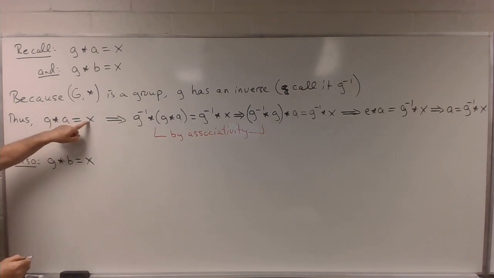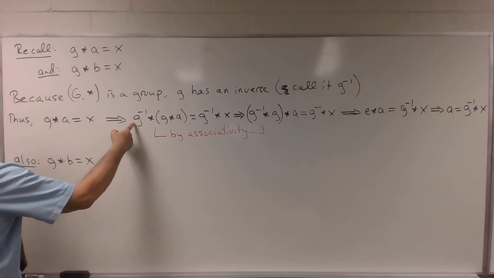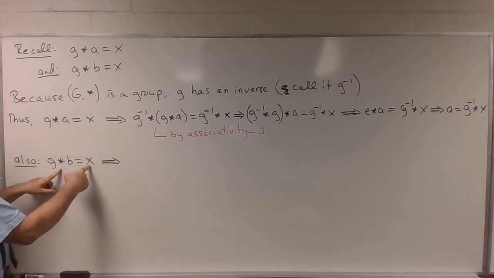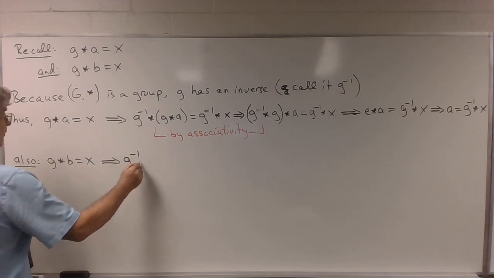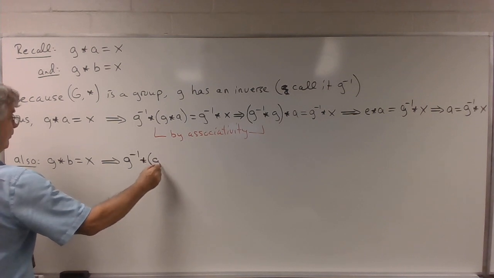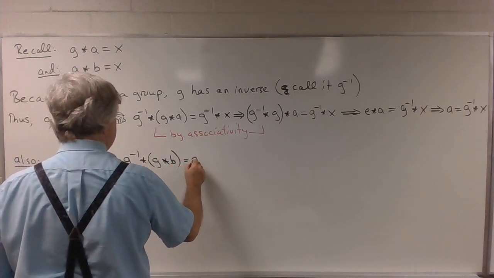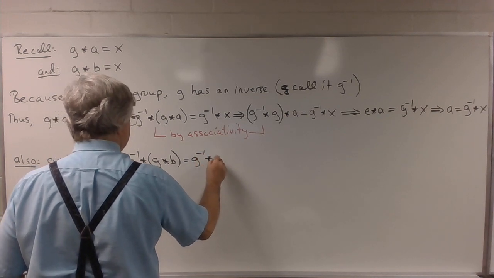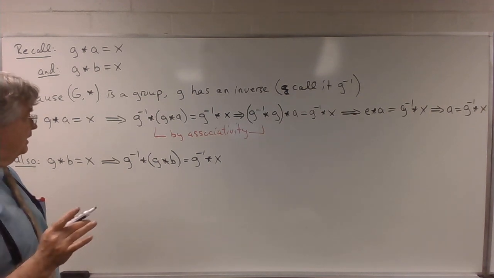G star B equals X. And again, I'm going to multiply both sides of the equation by the inverse of G. And we pull the associativity trick again.